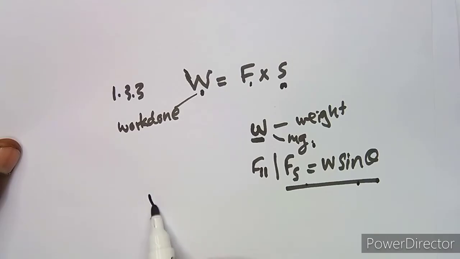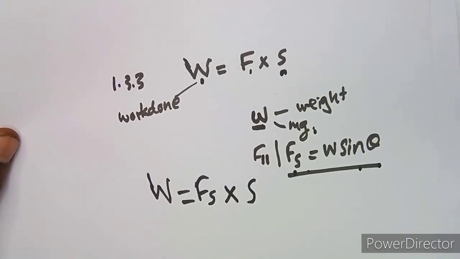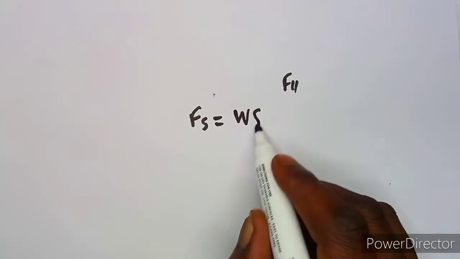So therefore, our work done is going to be the force of the parallel component times the distance up the incline. So we have to find this first, which is the force of the parallel component, which is w sine theta.